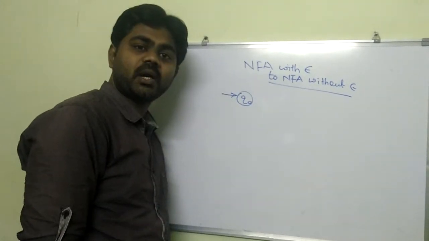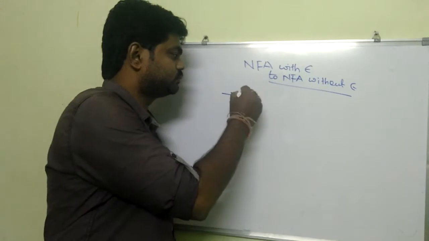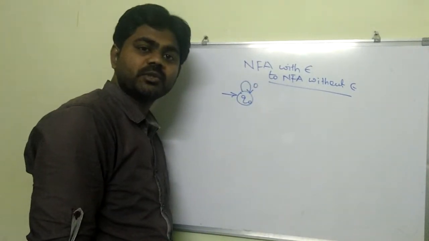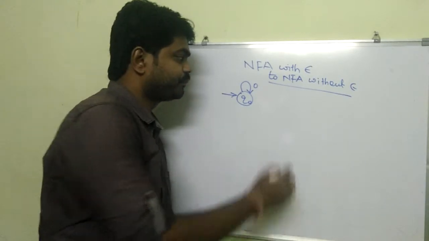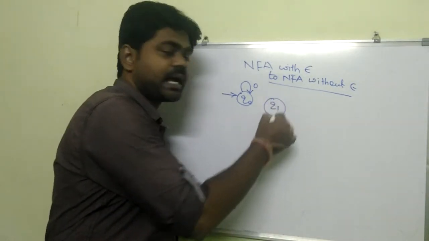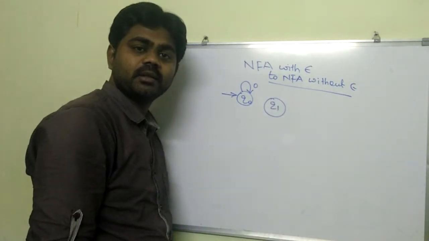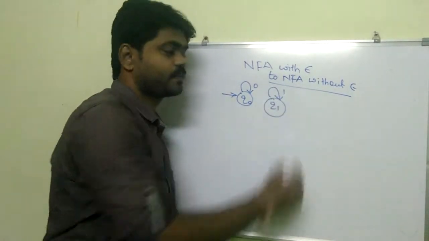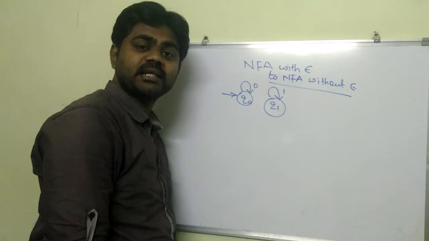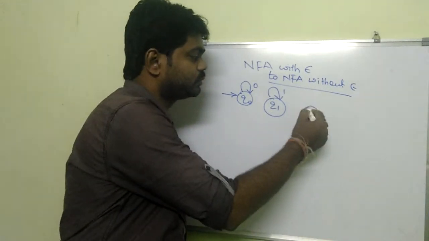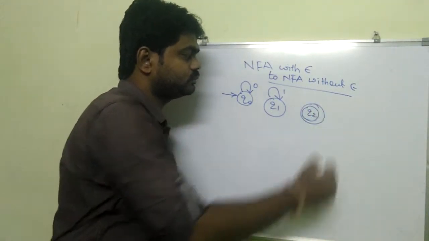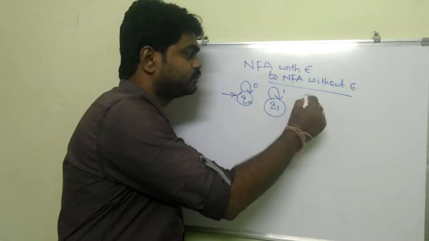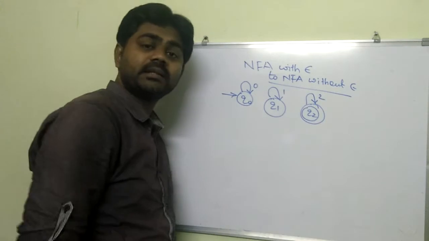So let us assume a case. I have a state Q0 with input 0, so any number of zeros can occur on Q0, and I have a state Q1 with any number of ones on it, and I have a final state Q2 with any number of 2's on it, right?